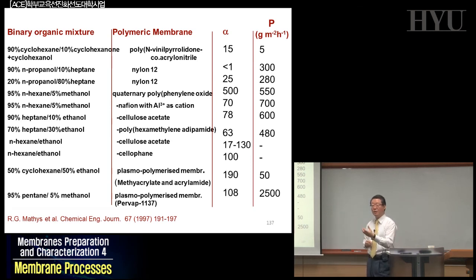But if you're talking about ethanol and water, water is much more hydrophilic than the alcohols. So philicity and phobicity are very relative terms, not absolute terms. Anyway, by using these membranes, you can separate this with a very high flux and high separation factor. Of course, the separation factor is determined by the composition.